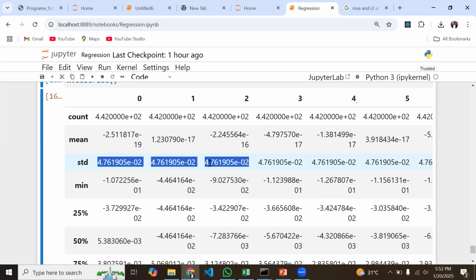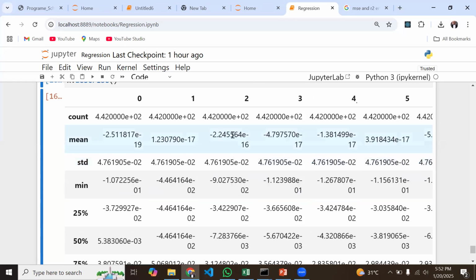Once again, remember when I was dealing with the scaling issue, we had 2x plus 4y equal to 10. I think that was the example I used earlier on.